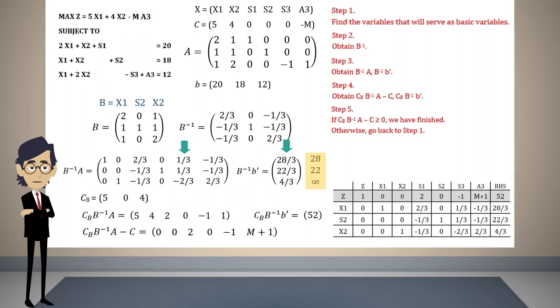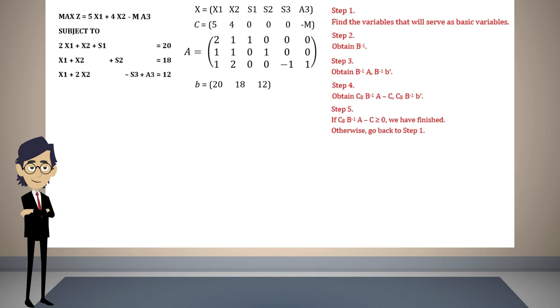Once again, you can see that all the results are equivalent. I will erase all the information to start a new iteration. As we mentioned, the new basis will be formed by the variables x1, s3, and x2. We will create the B matrix, and compute its inverse.